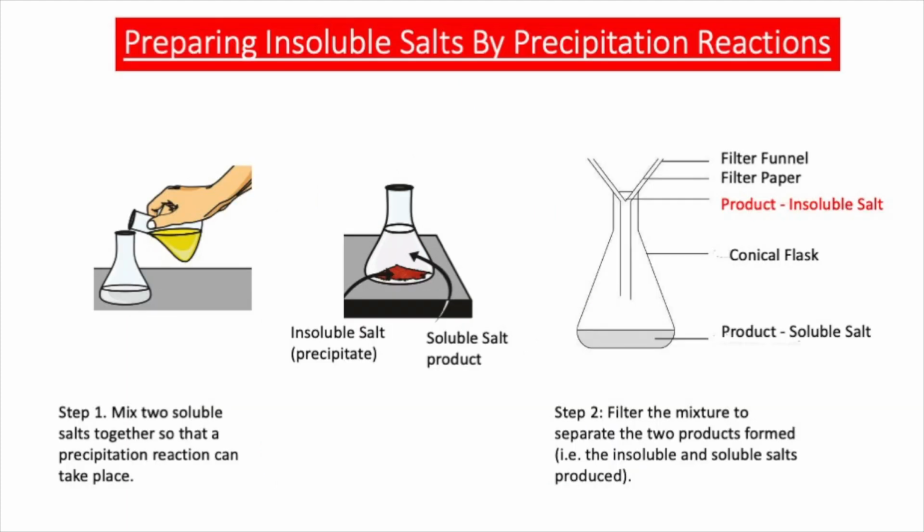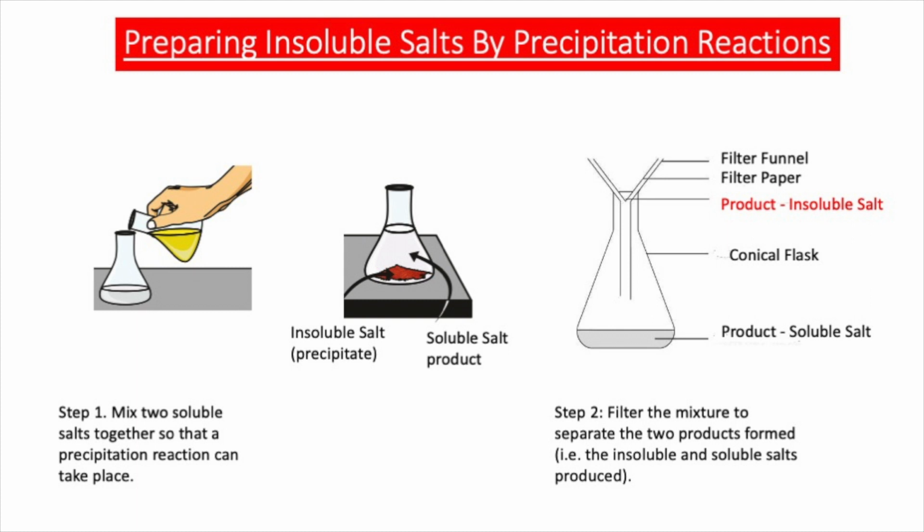Now to obtain a clean, dry sample of our insoluble solid, we would use the following method. First of all, we would mix two soluble salts together, two solutions together. A precipitation reaction would take place and we would produce our insoluble salt, the precipitate, and a soluble salt.